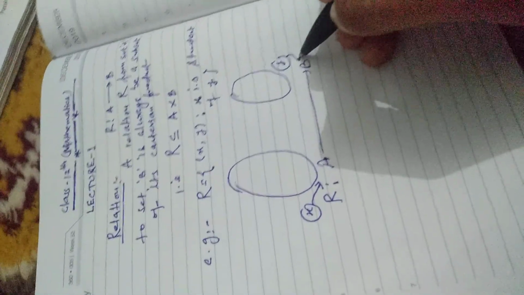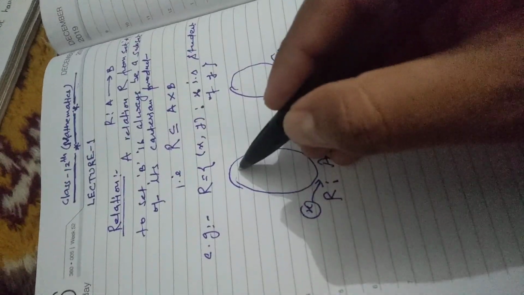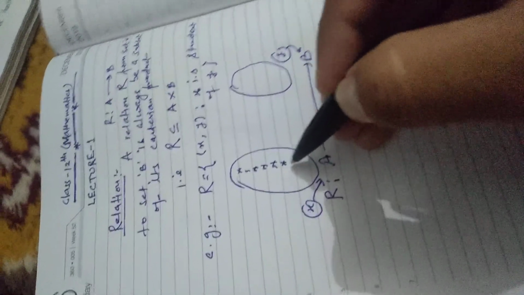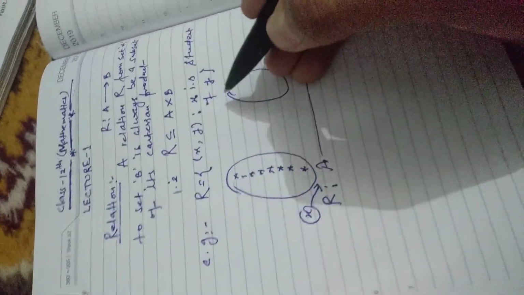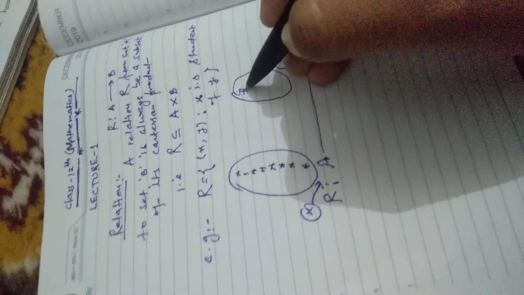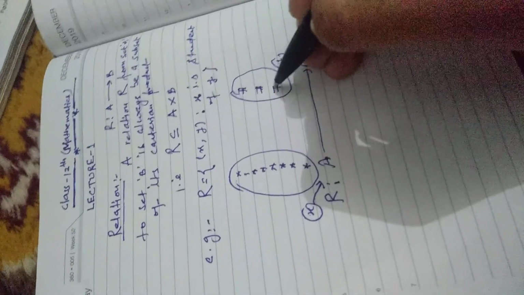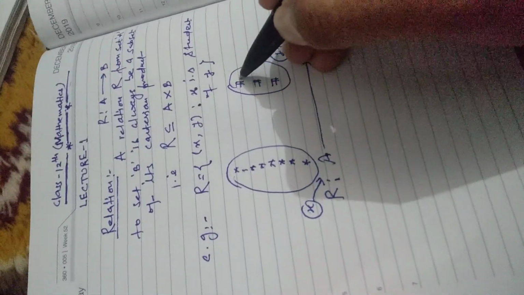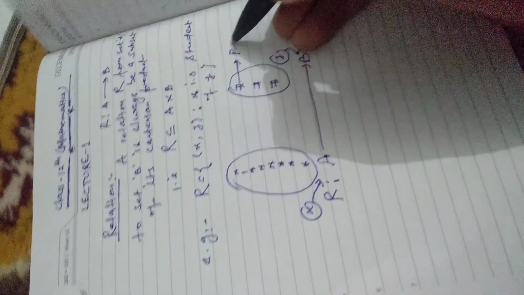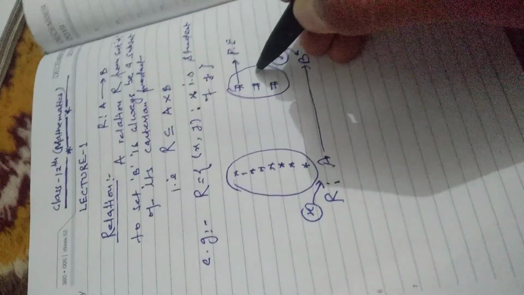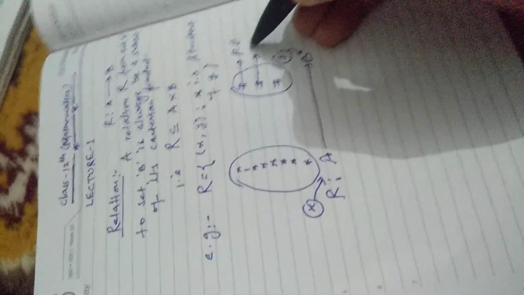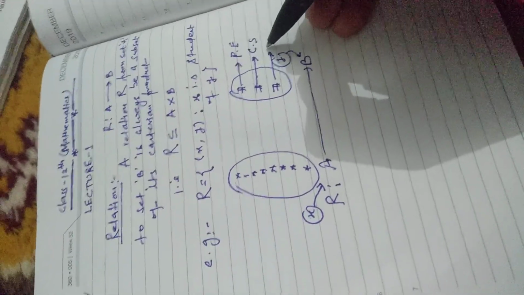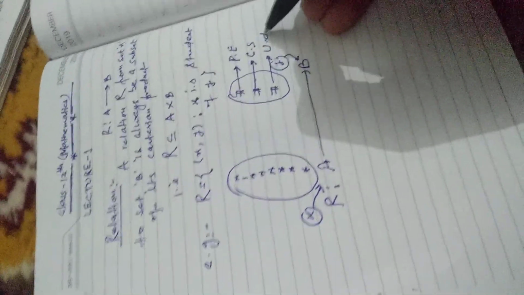If there are a lot of stars, you can say star 1, star 2, star 3, up to star 8. And there are some hashes, you can say hash 1, hash 2 and hash 3. This hash can denote the teacher of physical education, this hash the teacher of computer science, and this hash the teacher of Urdu or Hindi.